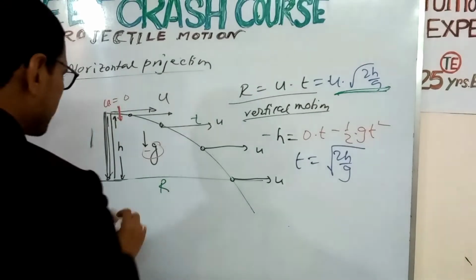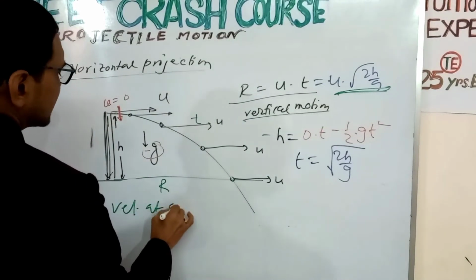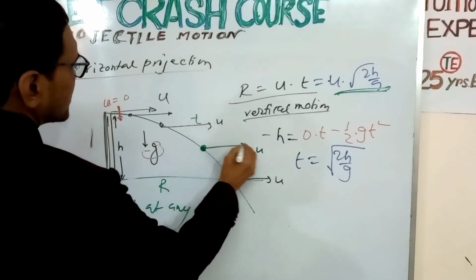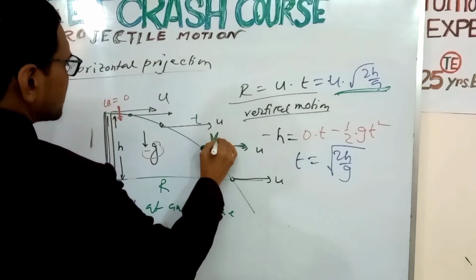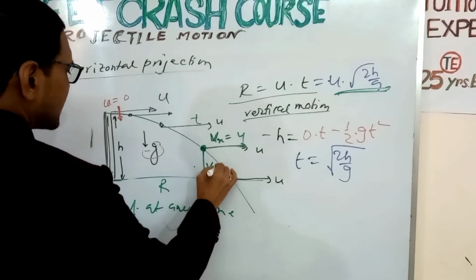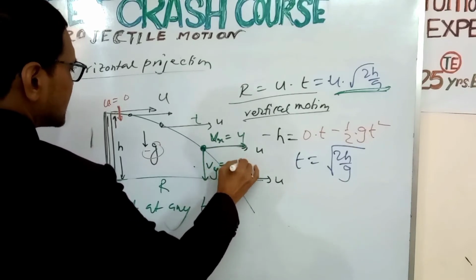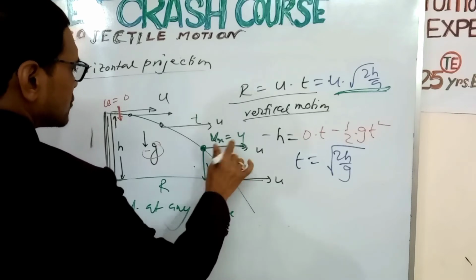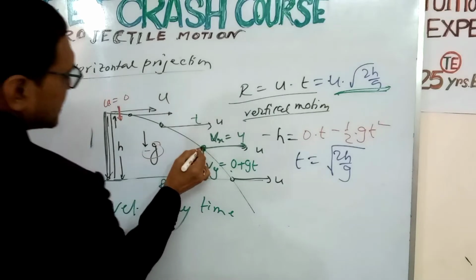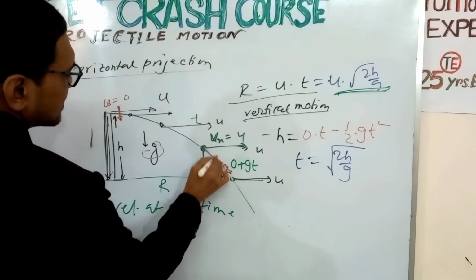Now velocity at any time. Suppose at this time the horizontal velocity vx equal to u, and the vertical component vy equal to obviously gt, because u equal to 0 plus gt, and the net velocity along this direction is v.